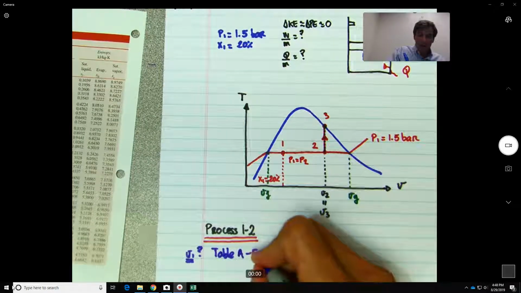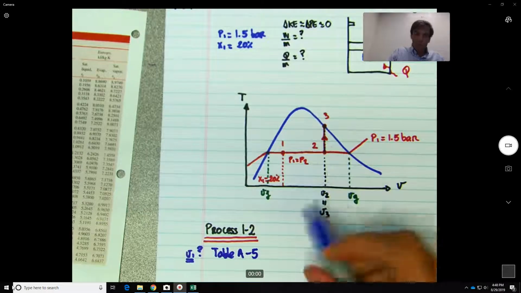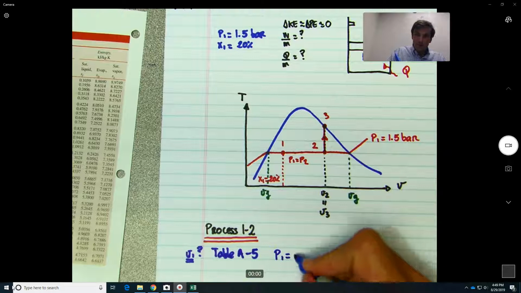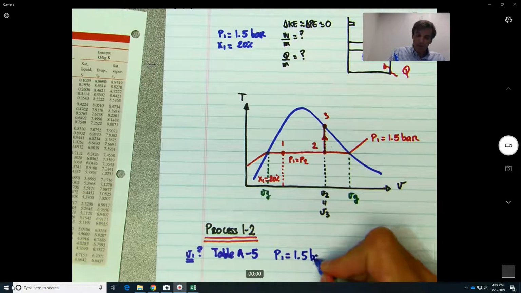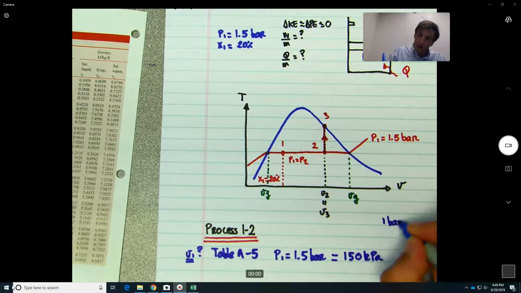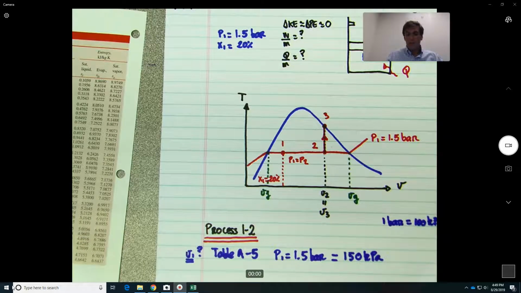We know the pressure is 1.5 bars, which is the same as 150 kilopascals, because 1 bar is 100 kilopascals.